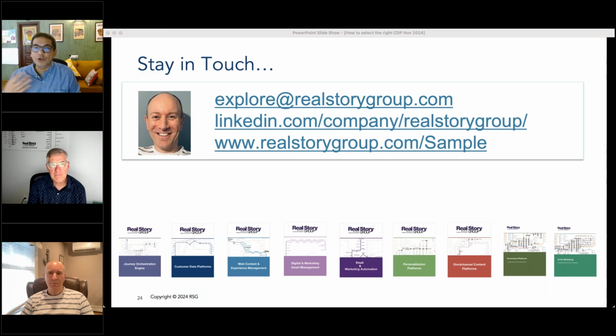For example, automated data processing, where an AI agent can automate complex data processes such as cleansing, normalization, identity resolution, etc. Another use case where we see agentic AI is for orchestration, orchestrating interactions across multiple channels. We also see agentic AI in other use cases such as recommendation, personalization, etc. But these two are the most popular ones.